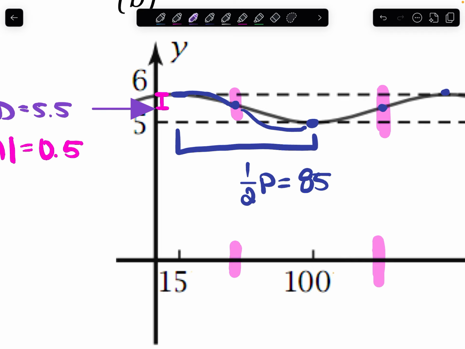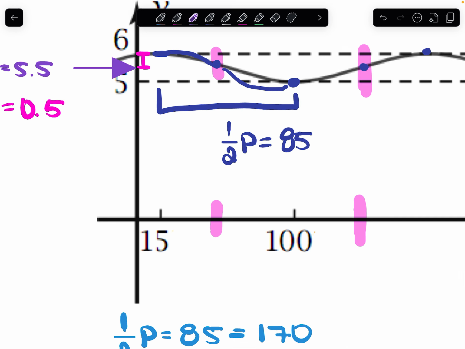So here we're going to have to use our count by. We got to figure out what those points are. So remember, your count by is 1/4 of P. So we count by 1/4 of P, and P was 170. So if we divide that by 4, we are counting by 42.5.